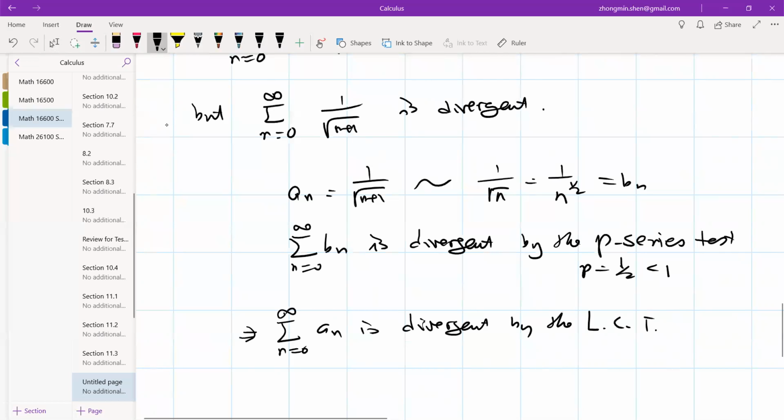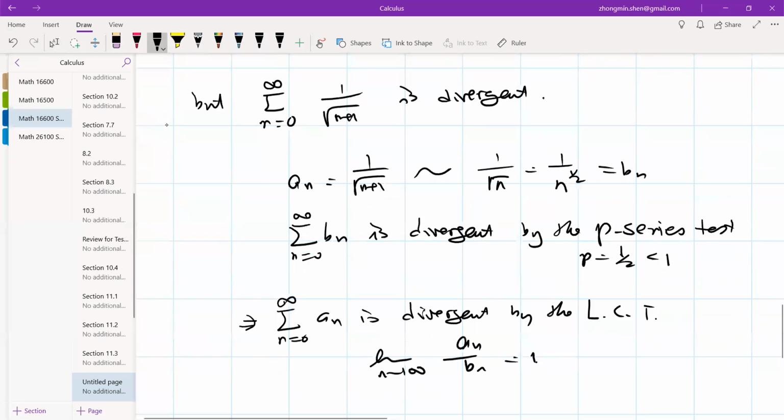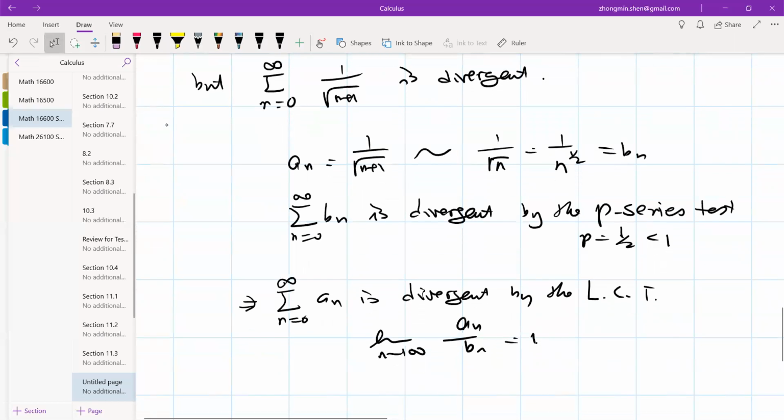Why? Because the limit of the ratio of the terms to Bn is going to be 1. It's guaranteed, if you drop the unnecessary lower order terms, the limit is always equal to 1.